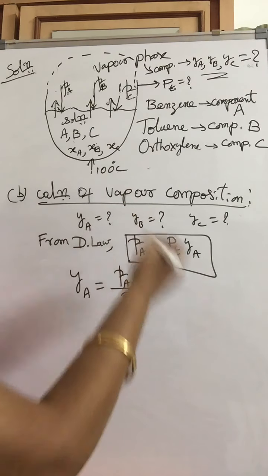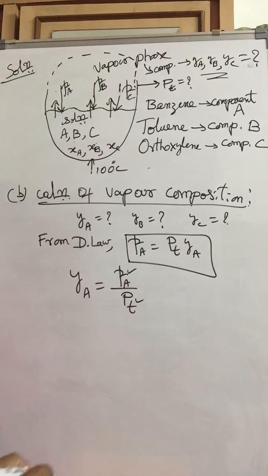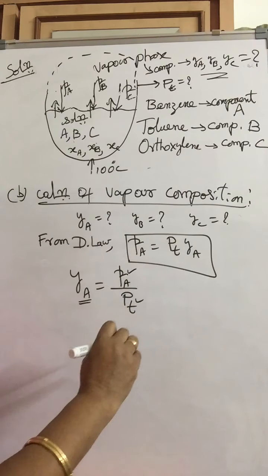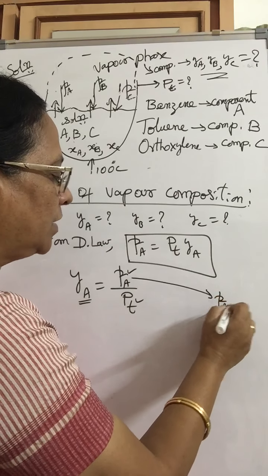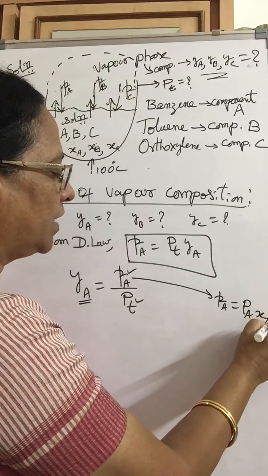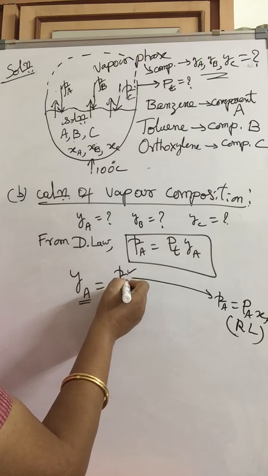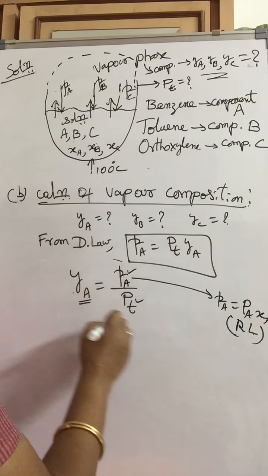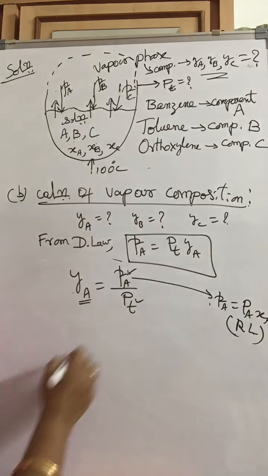In the previous bit you calculated PA and also PT, so very easily you can calculate YA. And why I said we are using both Raoult's law and Dalton's law: how did you get PA? PA is equal to PA° XA. This is Raoult's law only, isn't it? So we got PA using Raoult's law, and YA we are getting using Dalton's law.